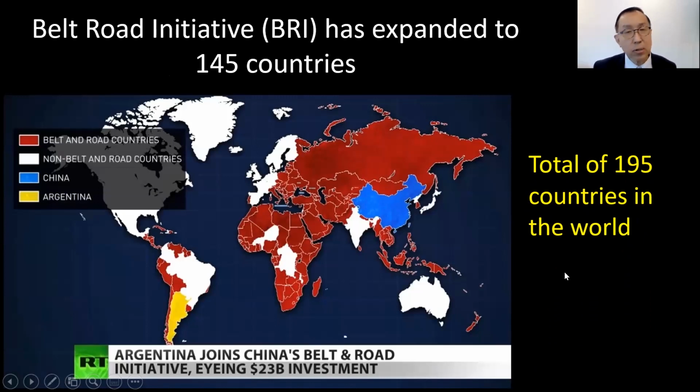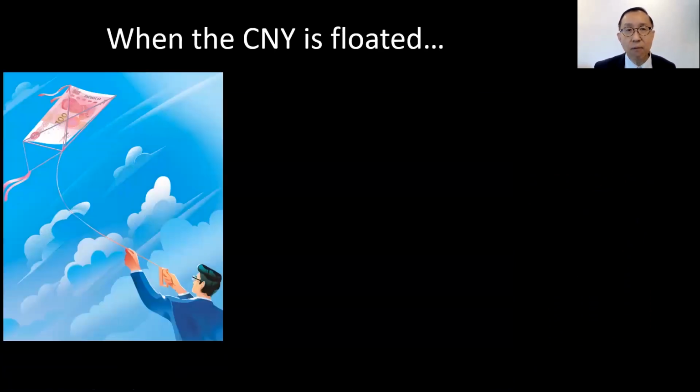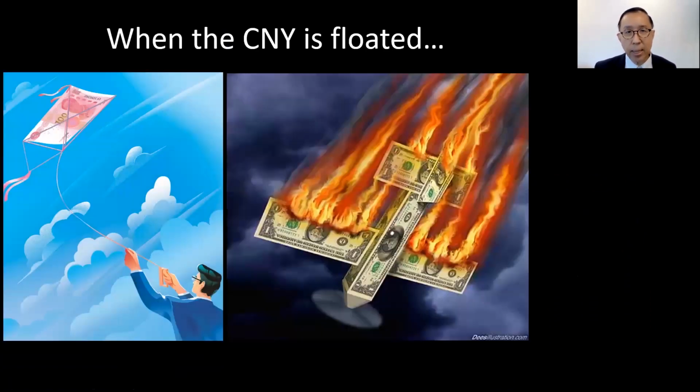So basically, three-quarters of the world have signed on to BRI, and BRI will eventually all be using renminbi. And when all these three conditions are fulfilled, China will very easily float the renminbi. And when the renminbi is floated, the US dollar will come crashing down.